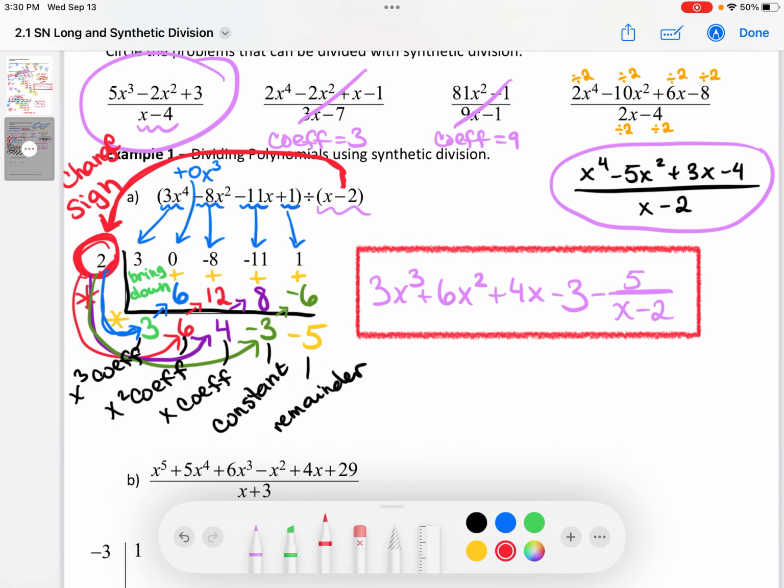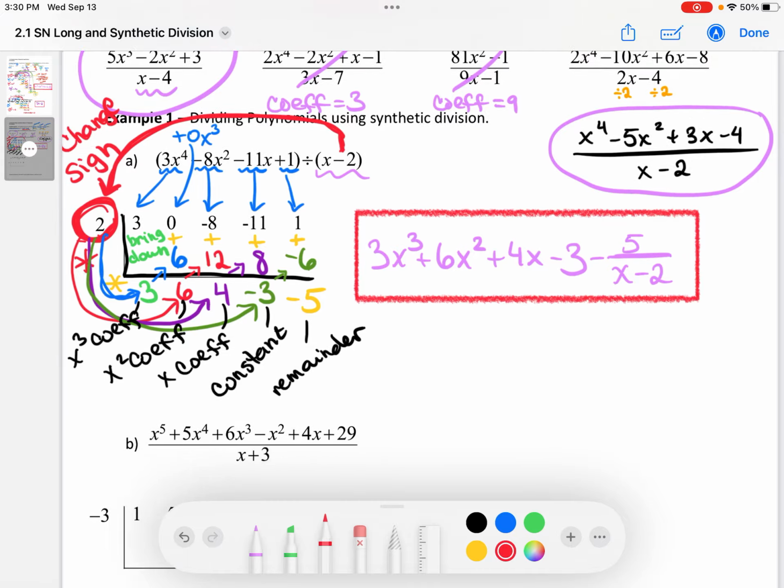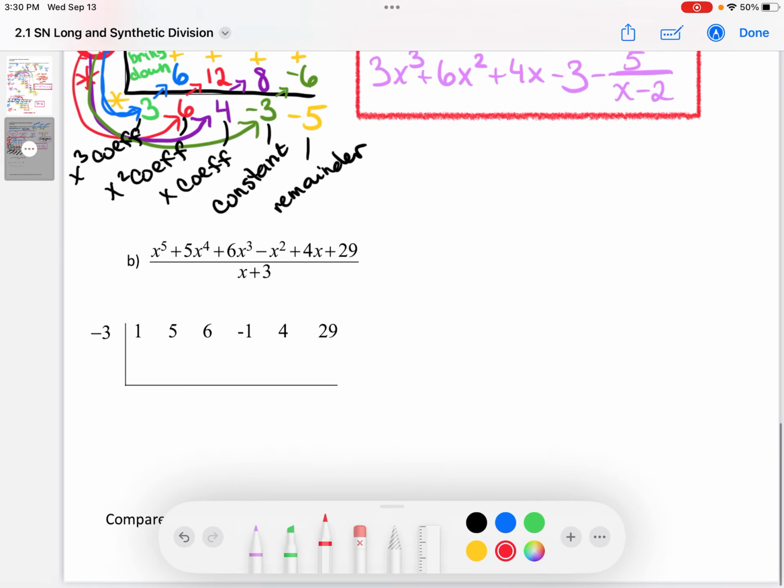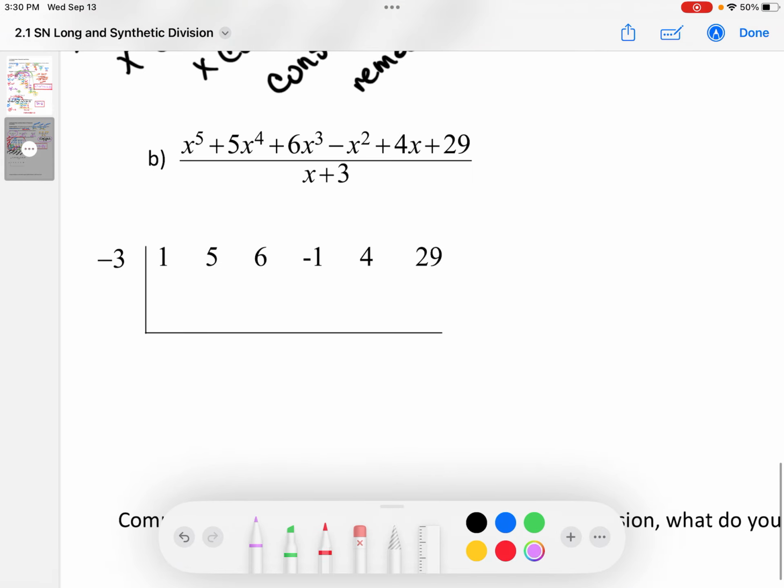So, let's try another one. Let's look at B. We start with an x to the 5th. That's a 1. Here's our 1. We have x to the 4th. There's the 5. X to the 3rd. There's the coefficient 6. X squared. There's a -1.